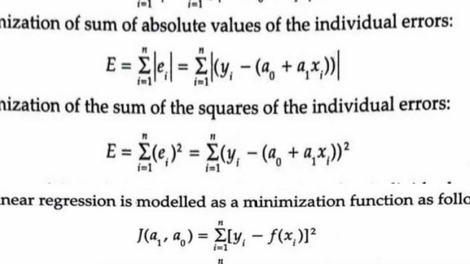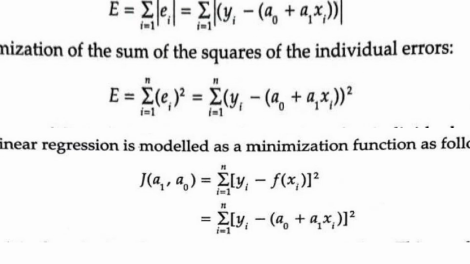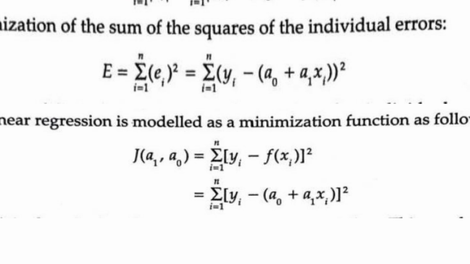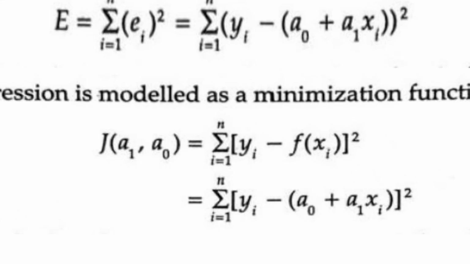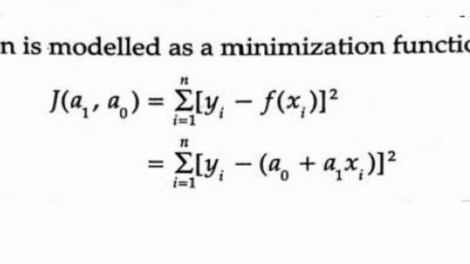Our main intention is to reduce the errors. As the line equation depends on two regression coefficients, a1 and a0, it can be expressed as J(a1, a0) equal to sigma i equal to 1 to n of (yi minus f(xi)) whole square, that is sigma i equal to 1 to n of (yi minus (a0 plus a1 xi)) whole square.